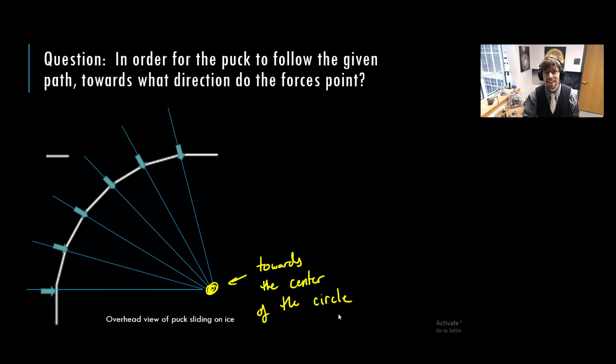So let's ask ourselves, how do we get an object to move in a circle? What we do is we constantly apply a force that is perpendicular to the motion of the object. Well, how does that jive?